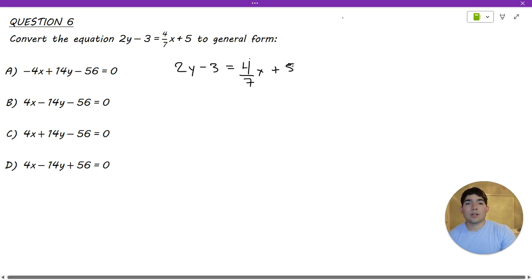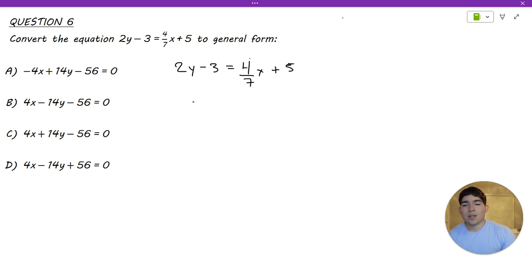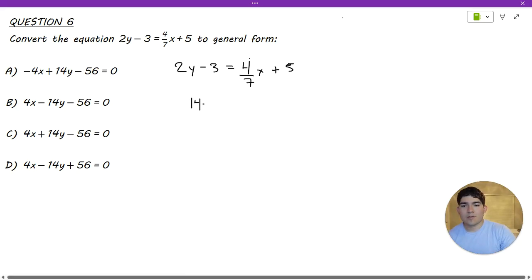So remember I said earlier, general form cannot have any fractions in it. So once again, the first thing that we're going to do is multiply everything by 7 to get rid of all our fractions. That's going to give us 14y minus 21 is equal to 4x plus 35.